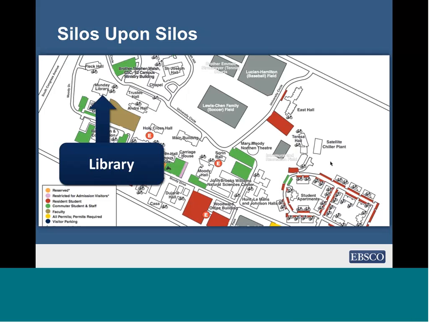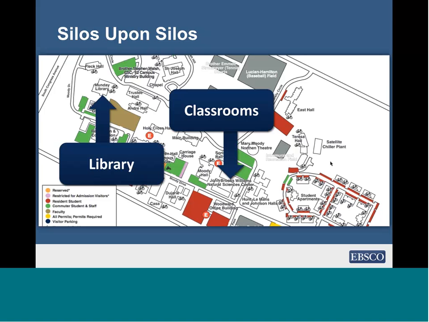The library is over here on campus. When we thought about the library and its building, we realized that we were a bit out from the central part of campus. All of the teaching and learning happened in classrooms all across campus. So students didn't actually come to the library to interact with their faculty members, to do the work of the university. The teaching and learning happened somewhere else.